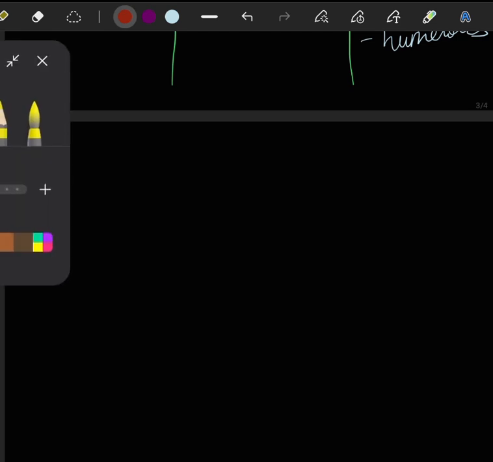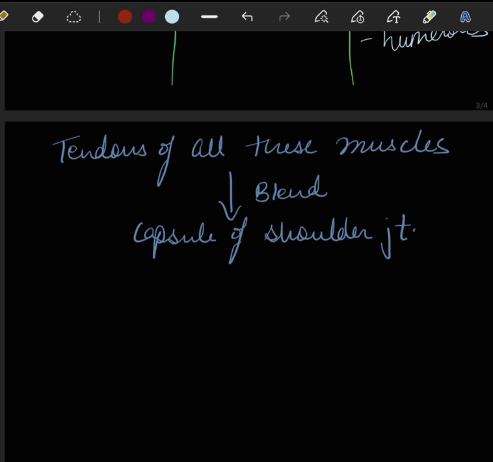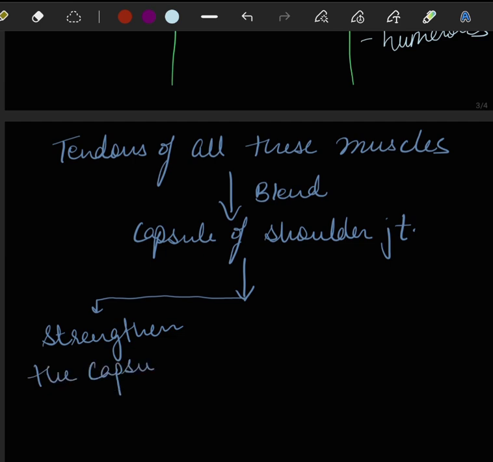So what happens is, now when all the tendons of all these muscles will blend with capsule of shoulder joint, they will perform two functions: first, strengthen the capsule of shoulder joint.